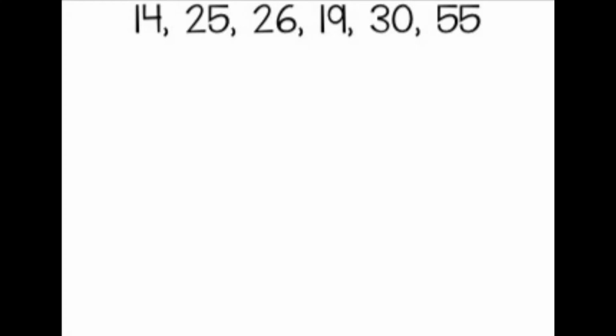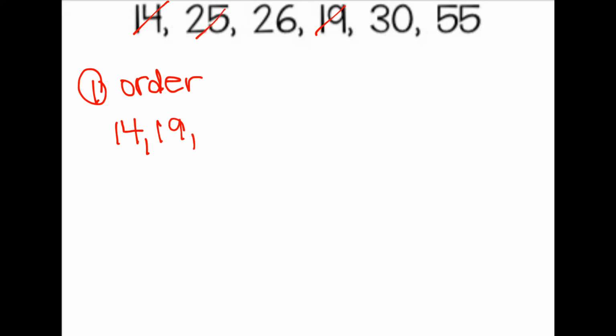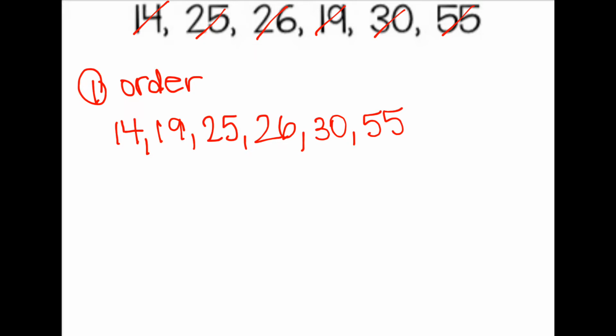The next data set, once again, our first step is to put them in order. Okay, so we have 14 as our smallest number, then 19, 25, 26, 30, 55.